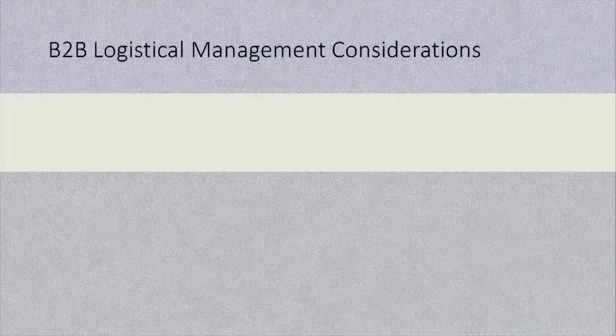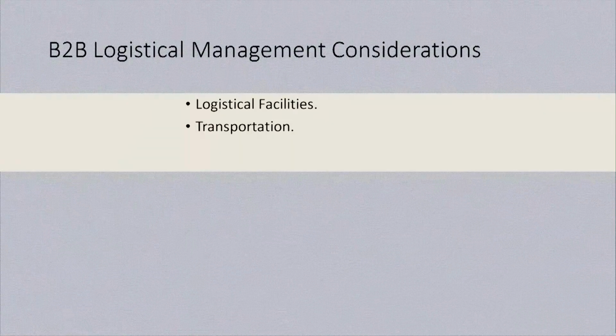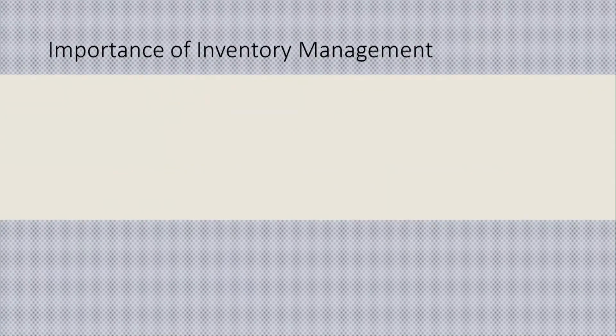So, the B2B logistical management considerations are logistic facilities, transportation, inventory management, all that. Inventory management, as I just now mentioned, and again I am emphasizing it, is a major element of cost that is almost embedded in the logistics system, and often there will be pile up, and that is totally infructuous expenditure.